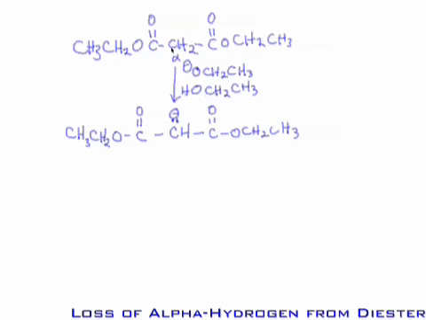Now, normally, alkane-like carbons are not very acidic, and they would not tend to lose a proton. And yes, this is a carbanion, but the only reason this carbanion forms is because it's resonance stabilized by the carbonyl. I can draw a resonance contributor for this molecule.